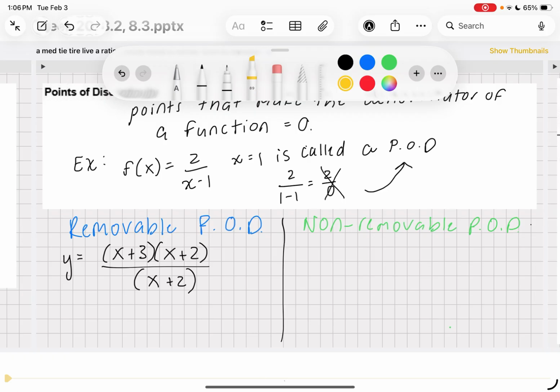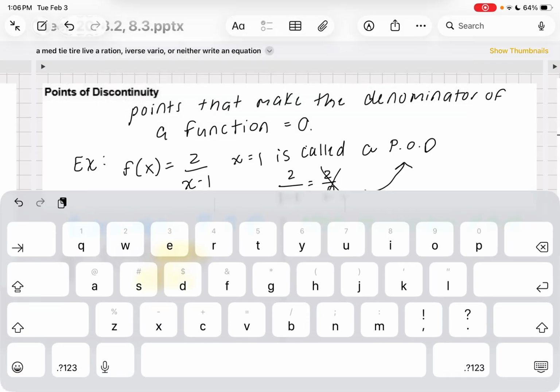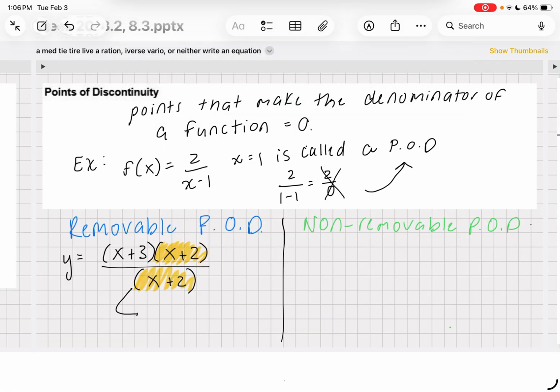By linear factors I mean a set of parentheses. Here I have x plus 2 and x plus 2. They technically cancel out, but on the graph there's going to be a little hole, because in the denominator, -2 is going to be a point of discontinuity, but it is removable because it would cancel out in the original function.